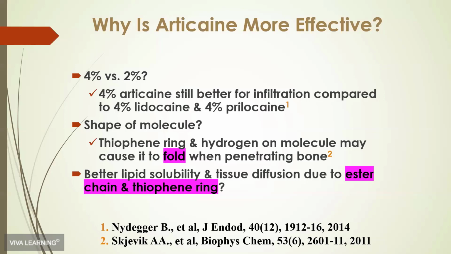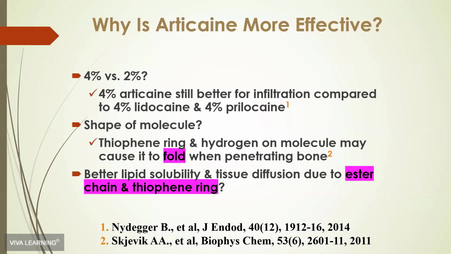The reason it's better is because it's a completely different shaped molecule. It has a 5-sided ring called a thiophene ring instead of the 6-sided benzene ring. It's smaller. Apparently, it can, I've never seen it do this, but apparently it can fold and penetrate the bone. So from a shape perspective, it may work better.